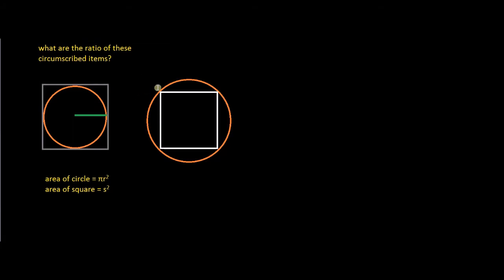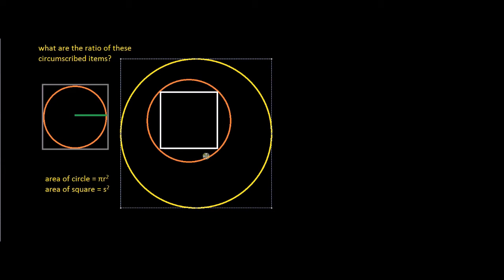So first off, what does it mean when something is circumscribed? Well, the real definition is that something is drawn around something else. So, in a technical sense, this circle is circumscribing both this circle and this square.